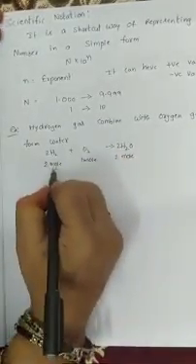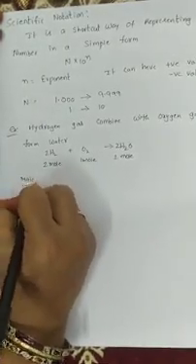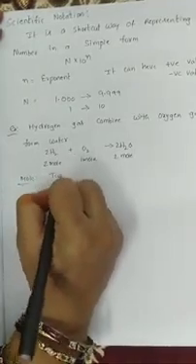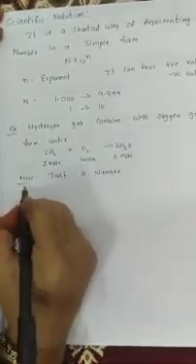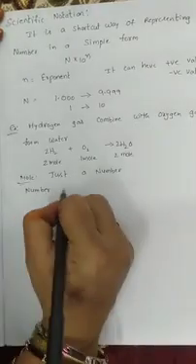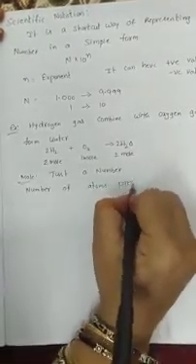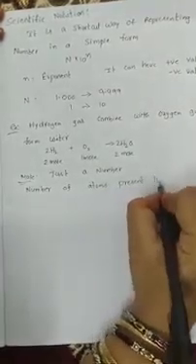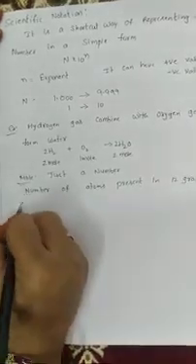We use the word mole here. What is a mole? A mole is just a number. The definition of mole is the number of atoms present in 12 grams of carbon.